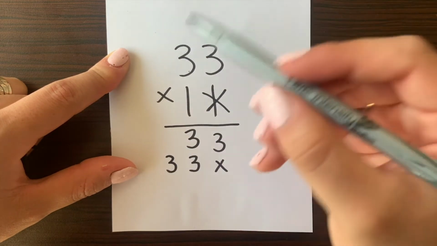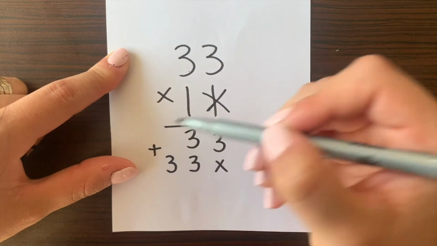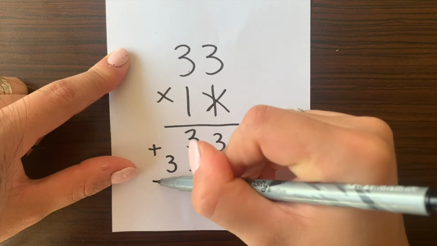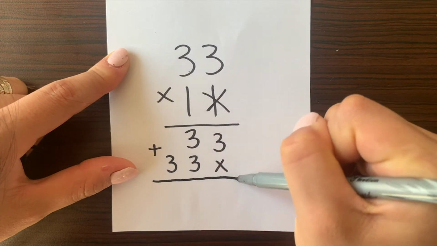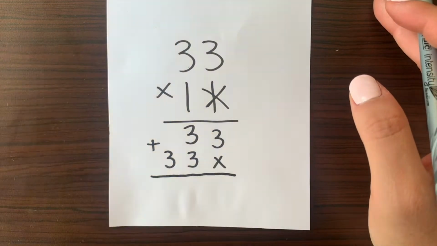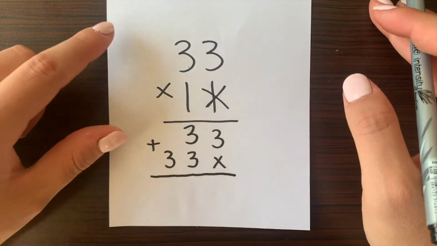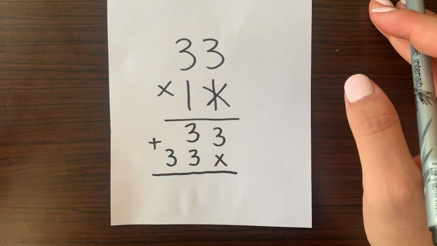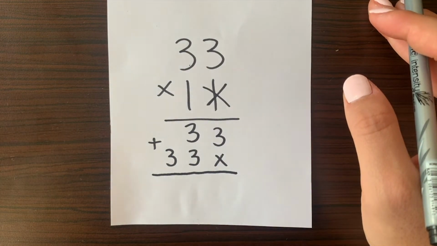And then what you do is you're going to add these two numbers here. Now keep in mind that this X basically stands for a 0, but just to not confuse ourselves, we can go ahead and place an X. But do not forget that the X represents a 0.